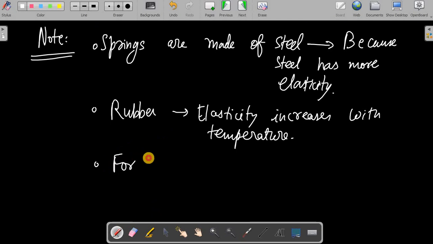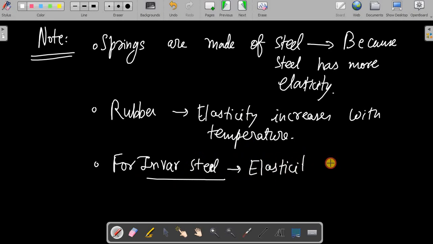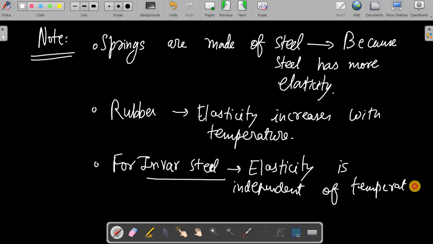For Invar steel, Invar is a kind of steel, elasticity does not depend on temperature. Elasticity is independent of temperature. That means temperature affects different materials in different ways. For some materials, elasticity increases. For some materials, elasticity has no effect with temperature, right?